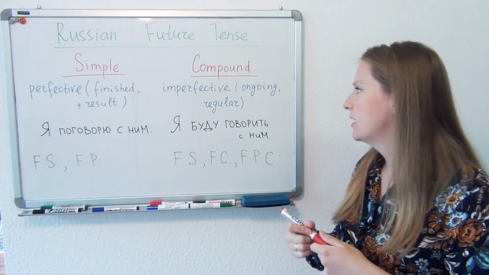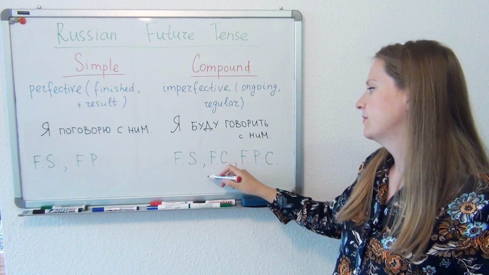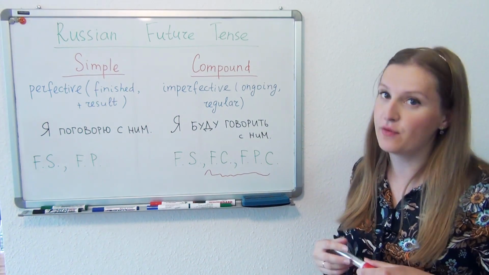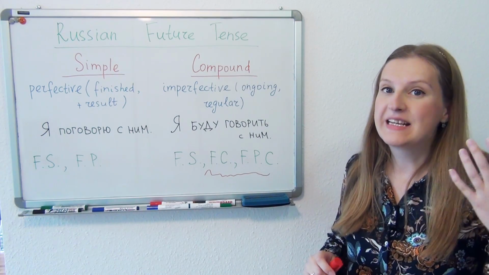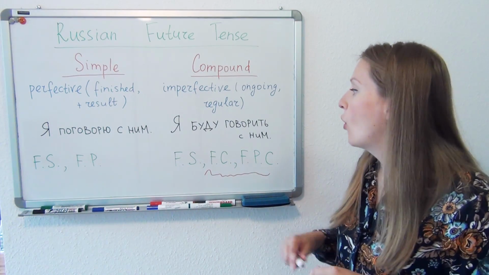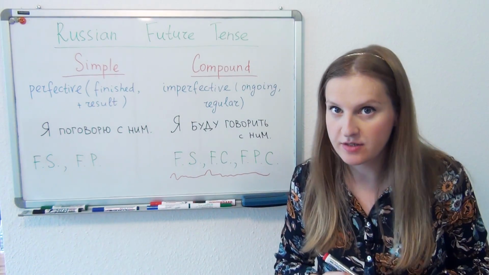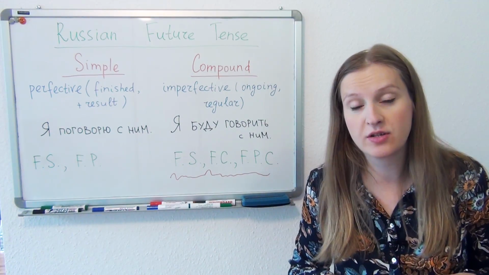So, imperfective verbs usually presuppose using in English future continuous and future perfect continuous. So, continuous. Or future simple, but when we talk about regular actions, not just facts, but regular actions.